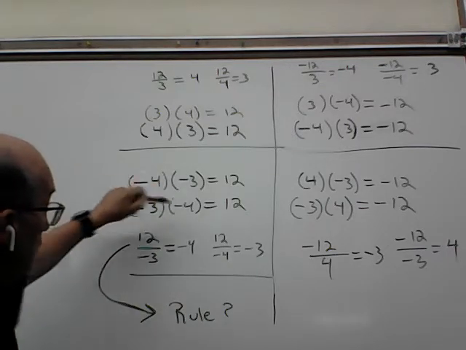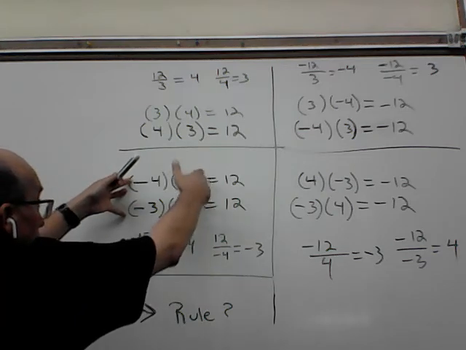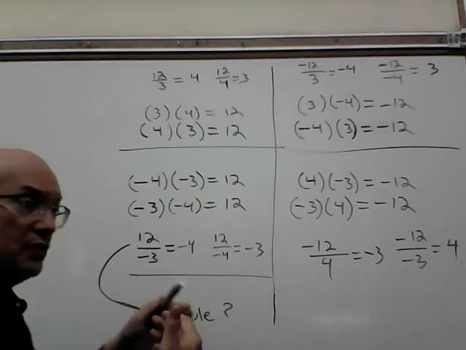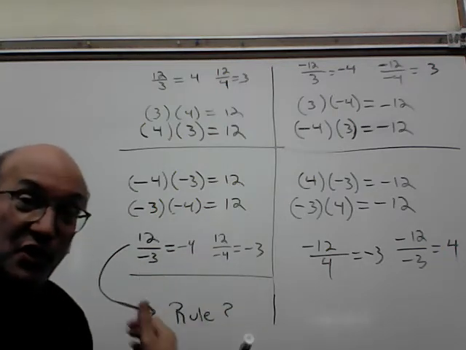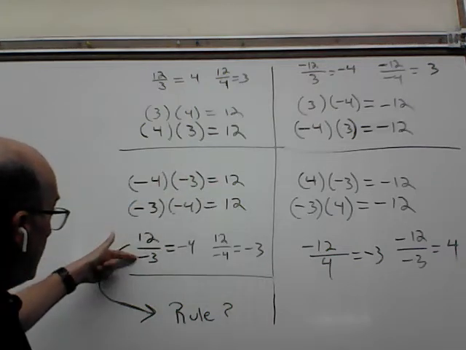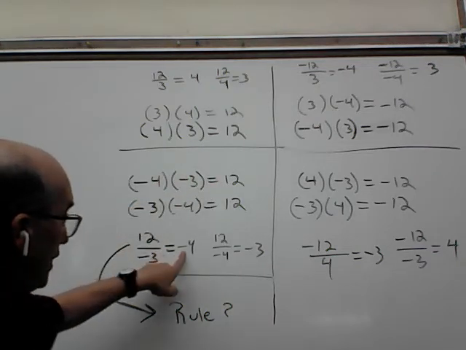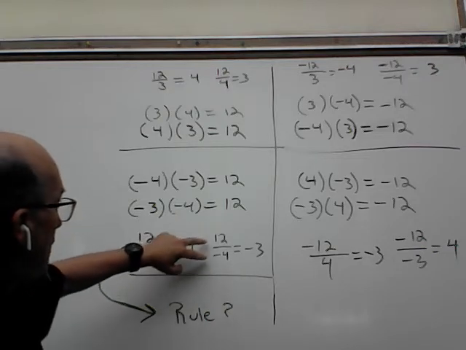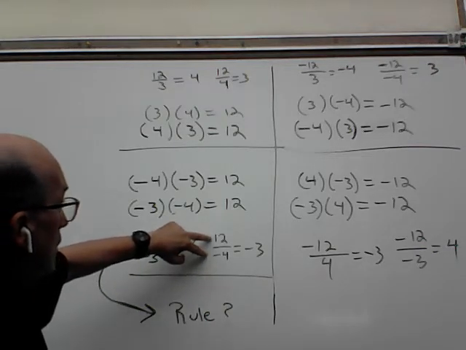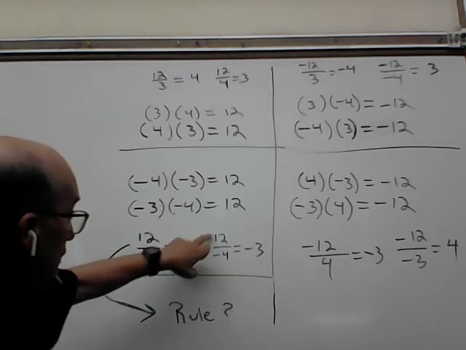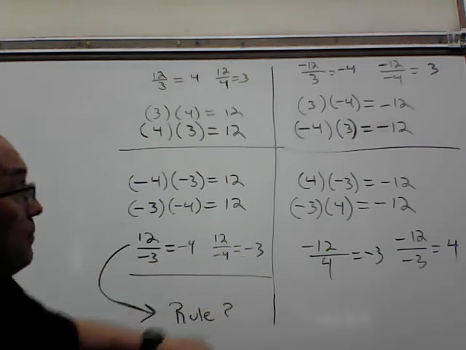And down here, the signs are different for the division. With the 2 multiplications, the signs were the same and the answer is positive. But the divisions that go along with them have different signs. The positive 12 and the negative 3, that's different signs, so the answer is negative. And here, the signs are different in the division, so the answer is negative.